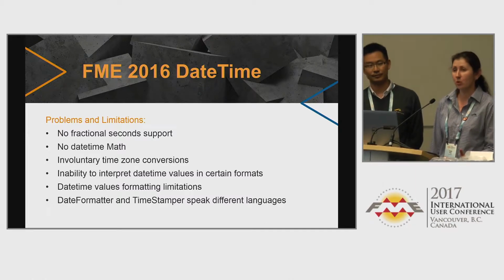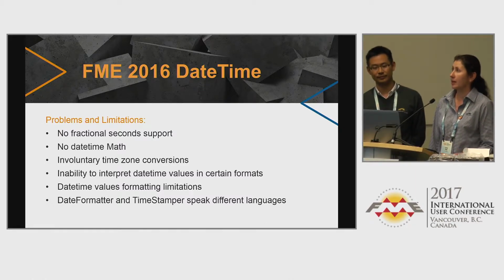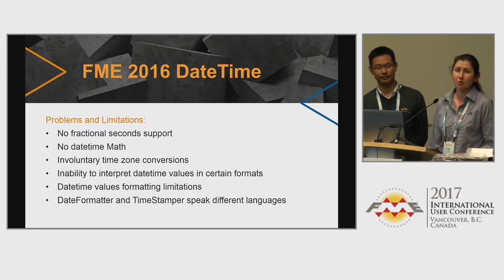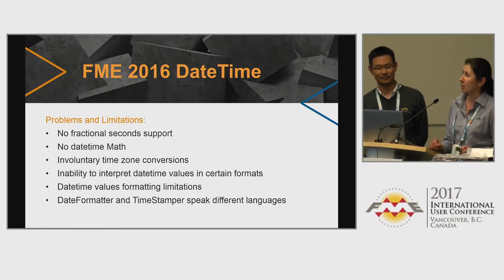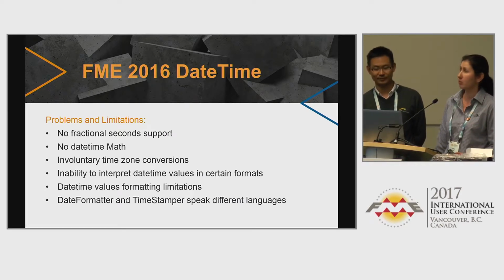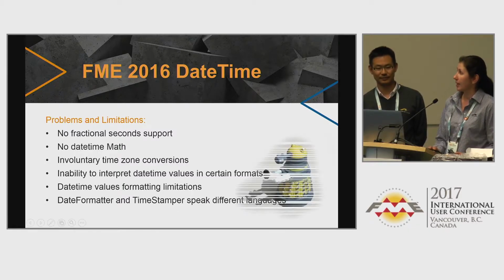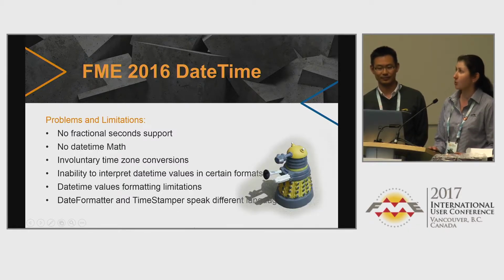There were also quite inconvenient no datetime math operations that resulted in many custom transformers added to the Hub. So instead of patching and fixing these problems one by one, we decided to exterminate all of them. And this is how we launched the project.